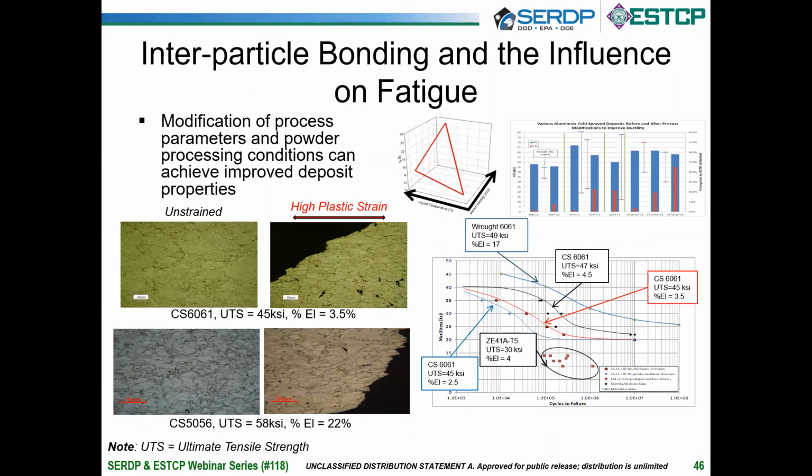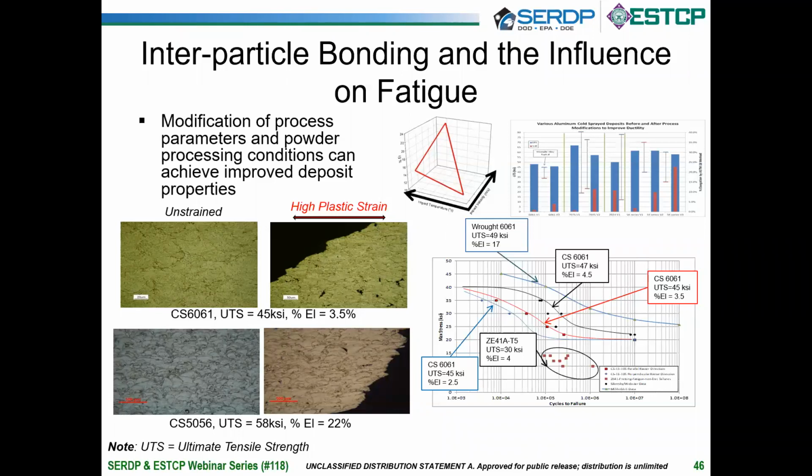If we look at the bottom right here, we can see three S-N curves. These are strain life curves, or stress life curves, for a coated material. So the entire sample is made of this cold sprayed material.